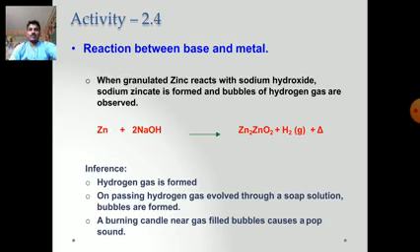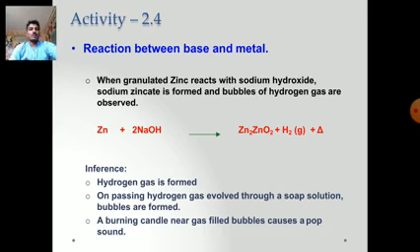Activity 2.4, the reaction between bases and metals. When granulated zinc reacts with sodium hydroxide, sodium zincate is formed and bubbles of hydrogen gas are observed.